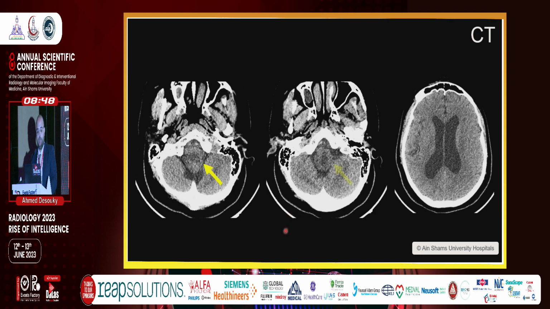So, as you can see here, there's crowded foramen magnum. So there's an expansile lesion occupying the brain stem, a bit crowded.